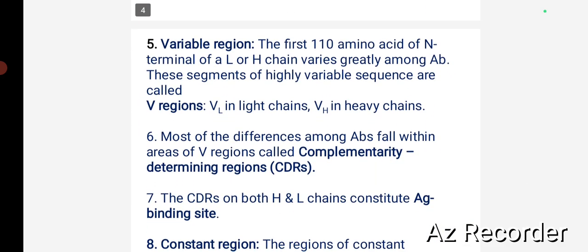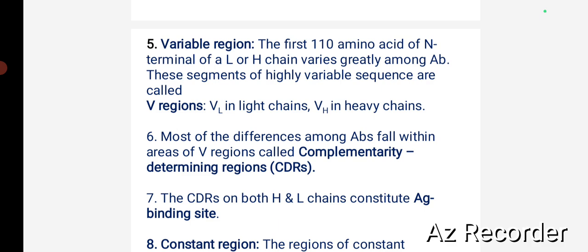Next one, variable region. Variable means the first 110 amino acids of the N terminal of either the light chain or heavy chain vary greatly among antibodies. The topmost portion, the amino terminal end, 110 amino acids, is varying.